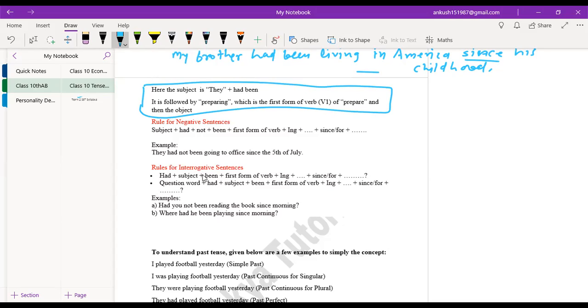Okay, rule for negative sentence. Same thing, subject plus had plus not. One thing, the helping verb is used as a combined helping verb.